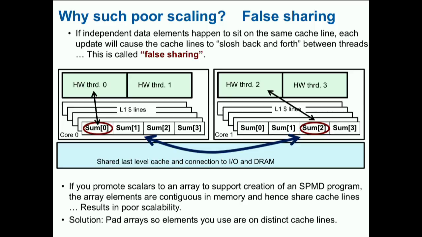They don't need to be updated, because one of them is updating only sum 0, the other one only sum 1. Unfortunately, because these things are created as lines or blocks, the hardware cannot know that they're separate things. So every time you update sum, extra coherence traffic happens under the covers. That's what's stopping you from scaling.